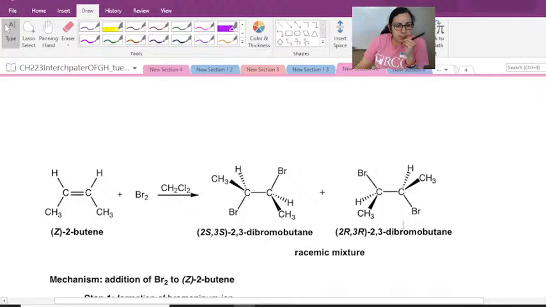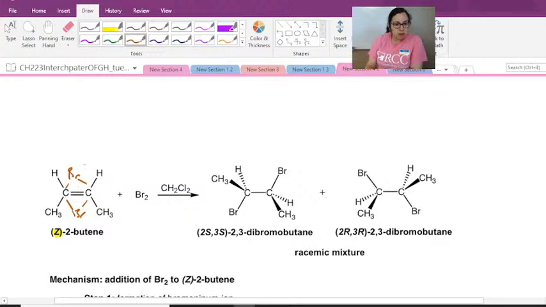Now looking at Z-butene, that's a little different. If we analyze this, Z means the same side, so our cis isomer. If we imagine our halogenation reaction, again we have to form our intermediate, either on the top or the bottom.